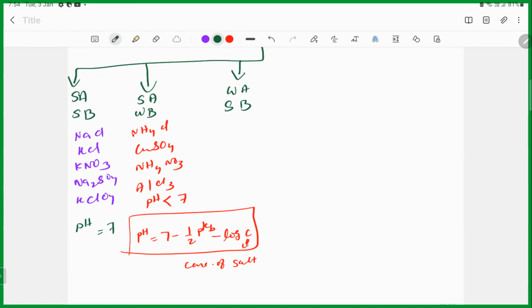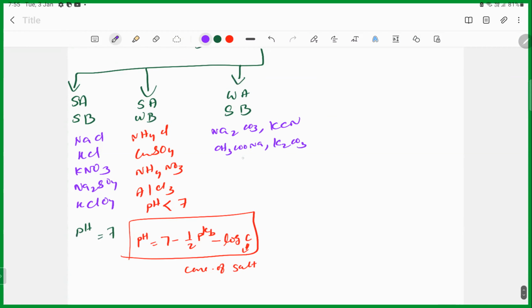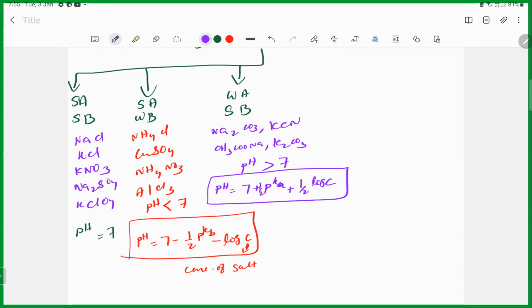Examples: Na2CO3, KCN, sodium acetate and potassium carbonate. The pH of these is definitely greater than 7, because we are using a strong base. So how do we find its pH? The pH is equal to 7 plus half of pKa plus 1/2 log C. If we derive the equation in the same way, this is what we get, as written at the end. Next.